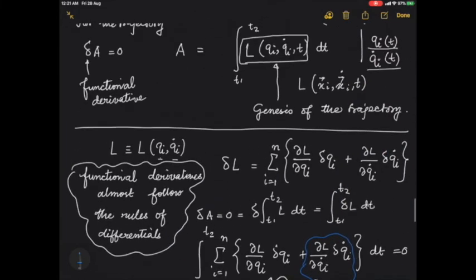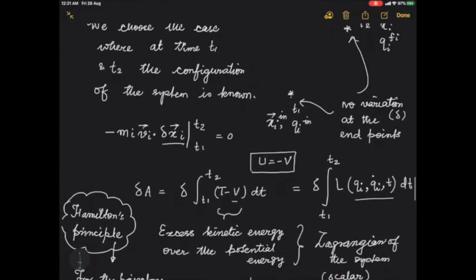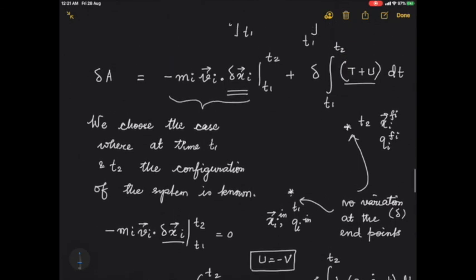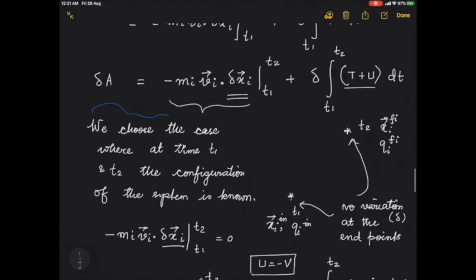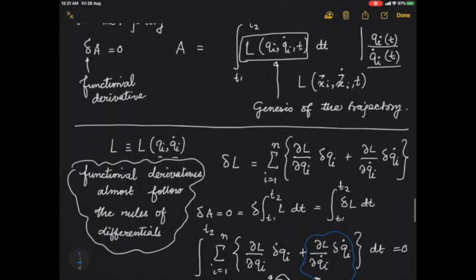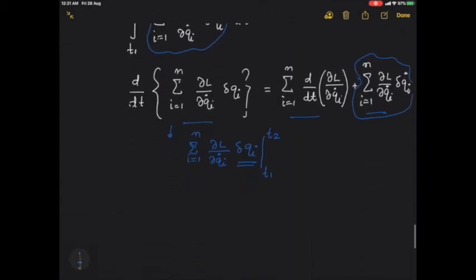But you see that it has this delta qi, which is the variation at the endpoints, which we said are 0. Remember that we said that the variation at the endpoints is 0. The configuration of the system is absolutely known. No variation at the endpoints.